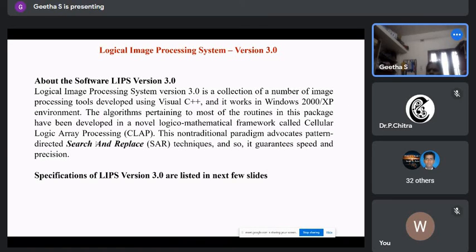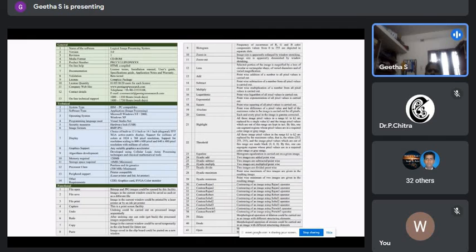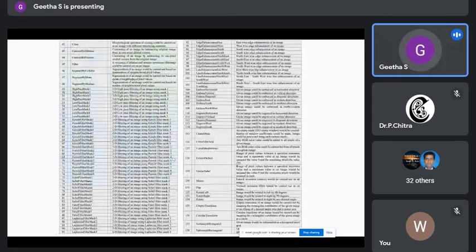The algorithms pertaining to most of the routines in these packages have been developed on a novel logico-mathematical framework called cellular logic array processing, with inherent parallelism and a pattern directed search and replace technique, so it guarantees speed and precision. It is most powerful software, and also very powerful in version 4.0. These are the packages and commands we are using to develop the software.